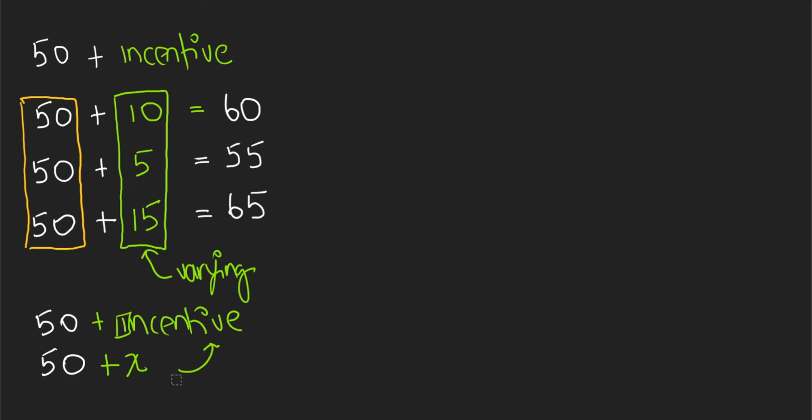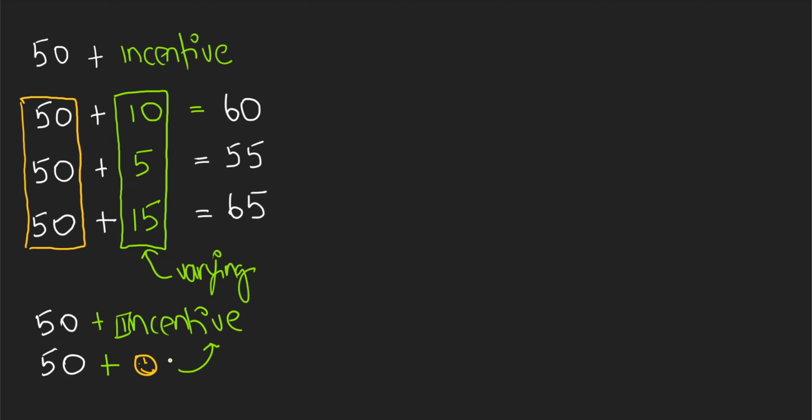It does not even restrict to alphabets. I can also use symbols if I want to. I can use a star to represent the varying amount of incentive that he receives, or maybe a smiley if I want to. It does not matter actually.